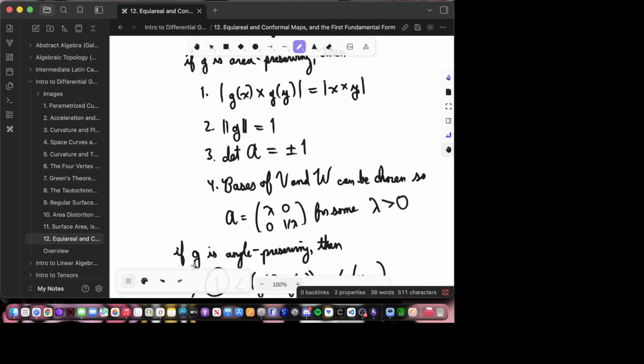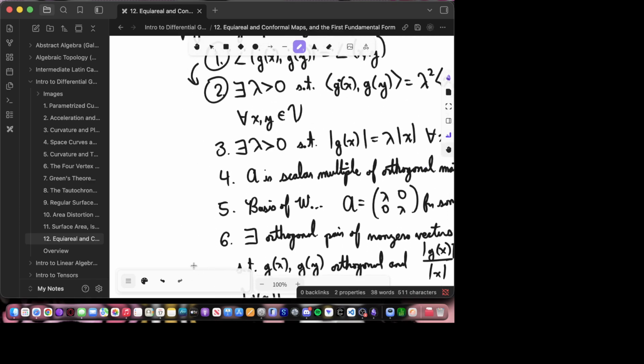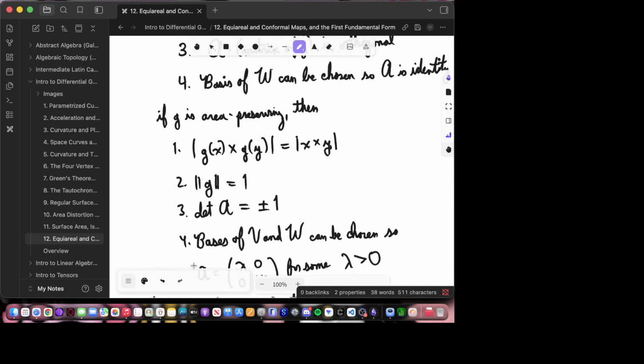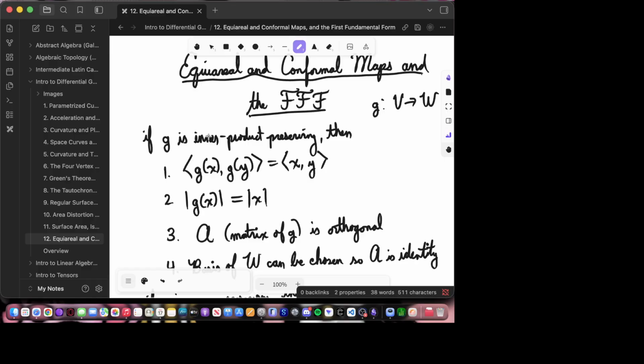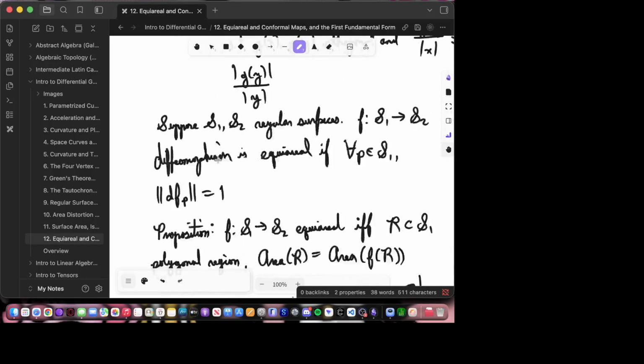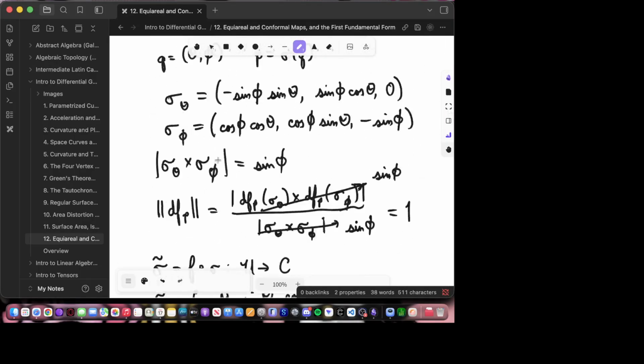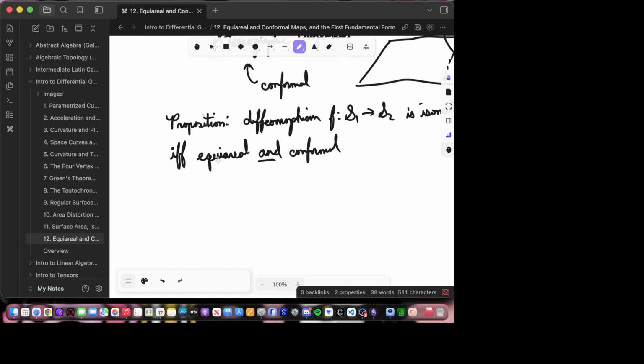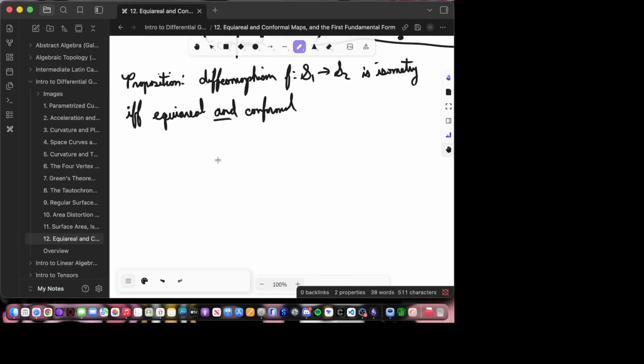You can probably pick some of them. And then you can use the qualities of here. Angle preserving and area preserving must imply inner product preserving. And that's basically how you can do that. But I'm just going to move on to a little bit more about the first fundamental form.